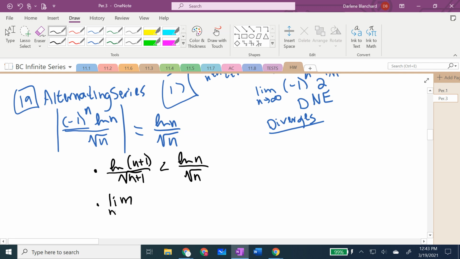Limit as n approaches infinity of the formula that you got out of the absolute value is heading to 0. You can L'Hopital if you need to see that it is 0, but logarithms grow infinitely slower than roots grow. And so there you get converge by AST.